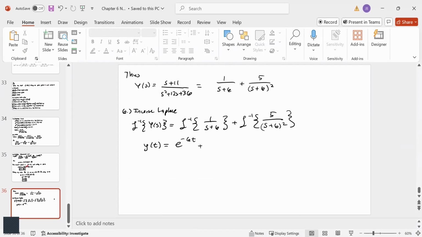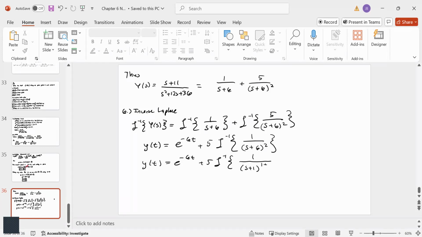So plus, we're going to factor out a 5, and we want 1 over s plus 6 squared, like that. And then using our little trick, so 1 plus 1, and what do we want? 1 factorial? That makes sense. So 1 factorial over 1 factorial.